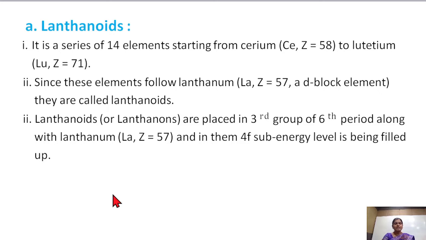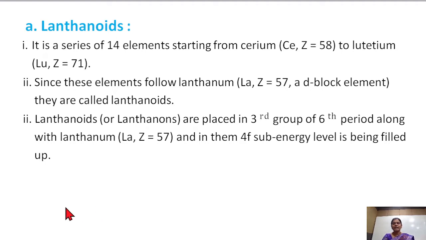Lanthanoids are a series of 14 elements starting from cerium, atomic number 58, to lutetium, atomic number 71. Since these elements follow lanthanum, atomic number 57, which is a d block element, they are called lanthanoids.